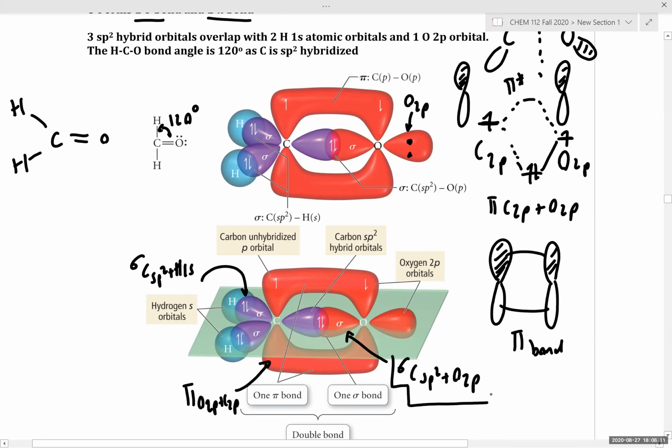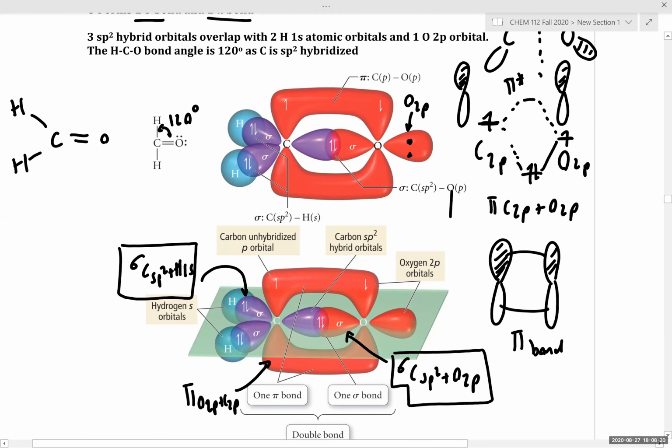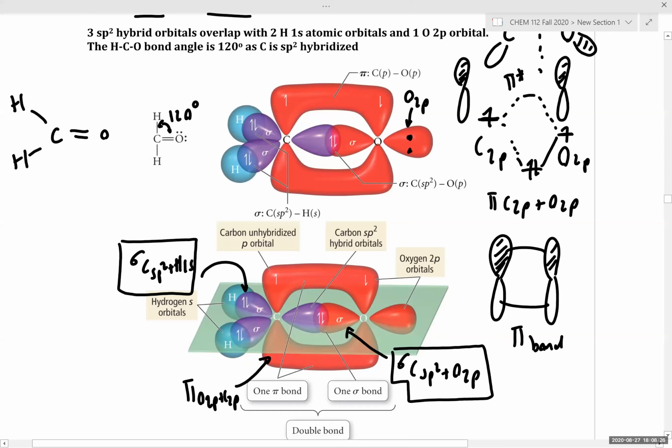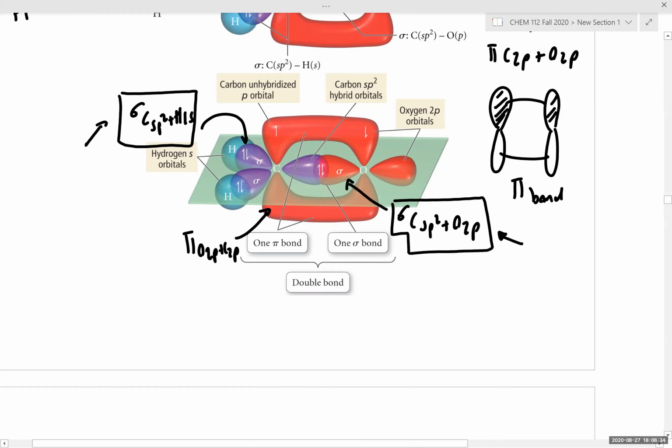One thing that I want us to now discuss as part of this orbital analysis, let's really ponder this question: would we expect these two sigma bonds to have the same energy or different energies? And to help us with that, let's just draw out what our bonding orbital pictures would look like.